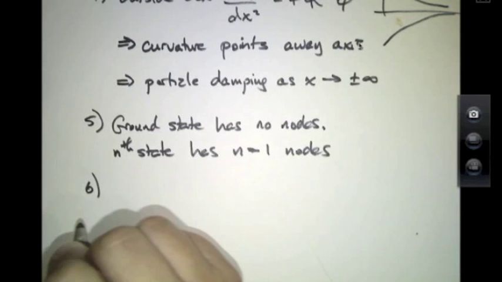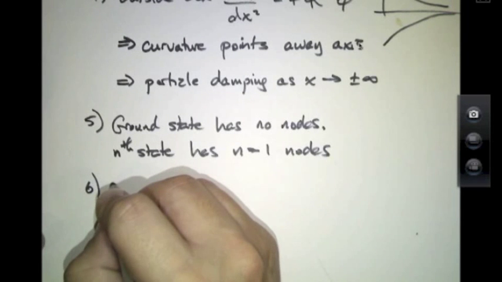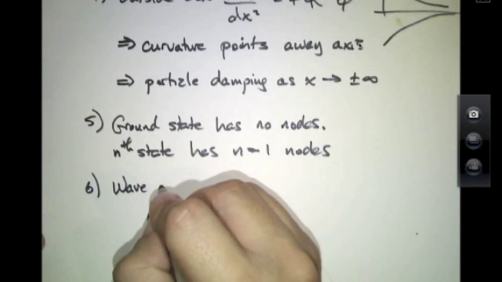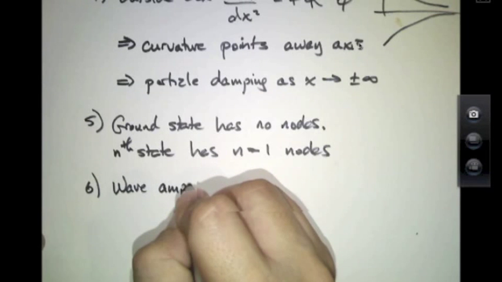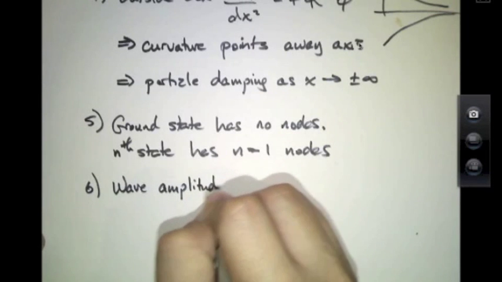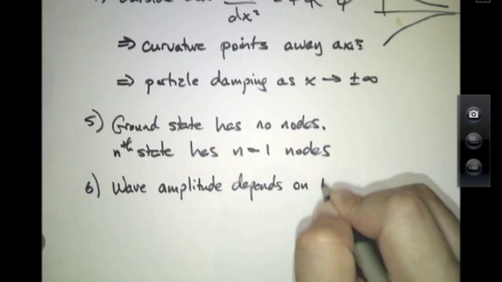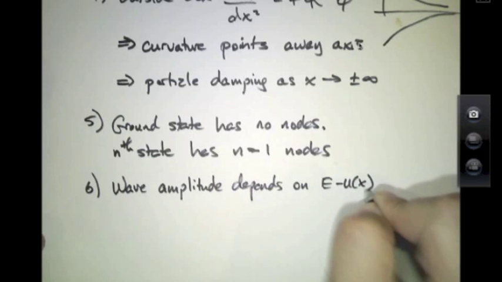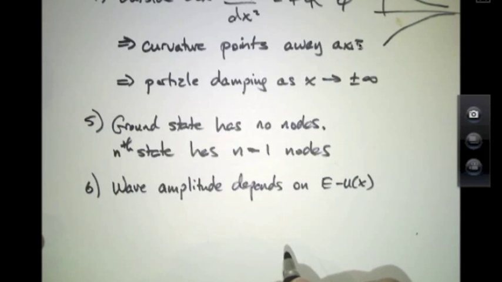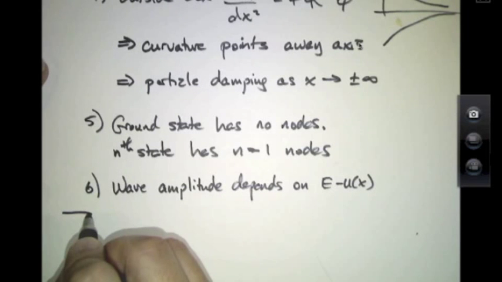The sixth point to remember is now that the wave amplitude will also depend on potential energy. Why is this? Well, you can think of it using a step type potential.